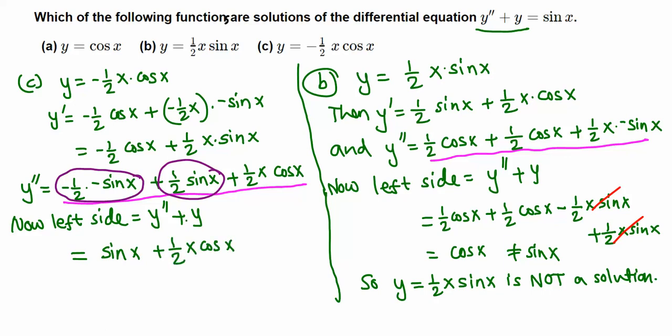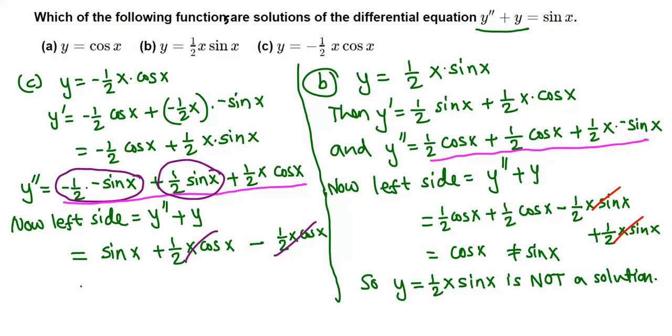That's y double prime plus y. Y is negative 1/2 x cosine x. So negative 1/2 x cosine x. This will be collectively negative, by the way. Now positive 1/2 x cosine x and negative 1/2 x cosine x cancel.